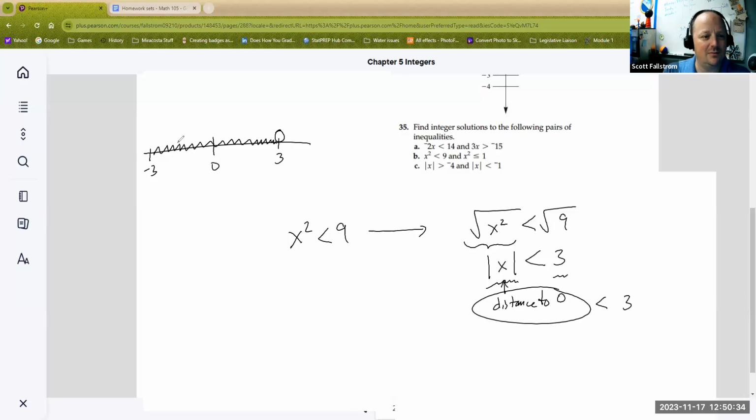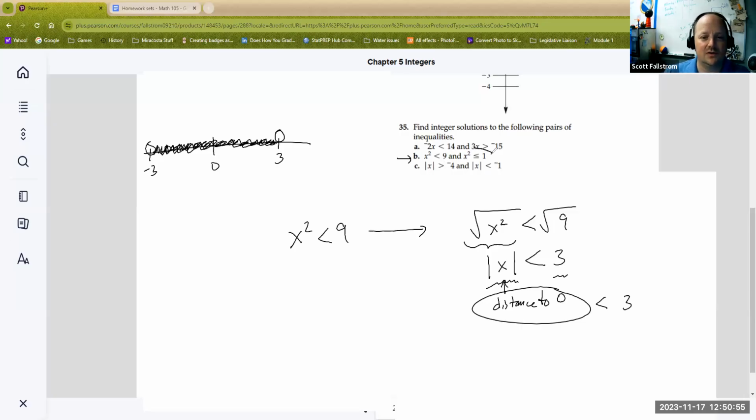I don't need that part, so I'll put a circle around it. Don't include that part, but everything else, all this stuff in the middle. That would be the answer to the first part. Shaded region, not including 3 and negative 3, because if you plug those in, they're not less than 9. They'd be equal to 9.